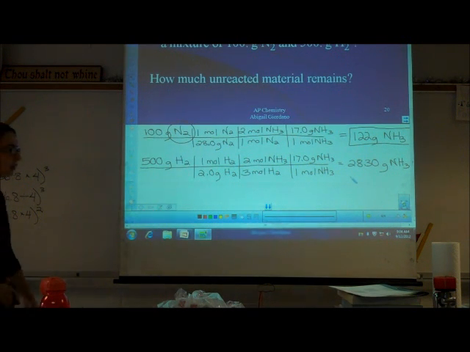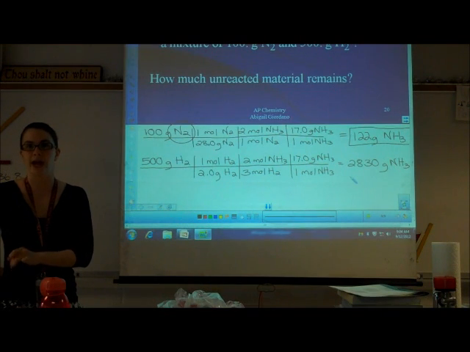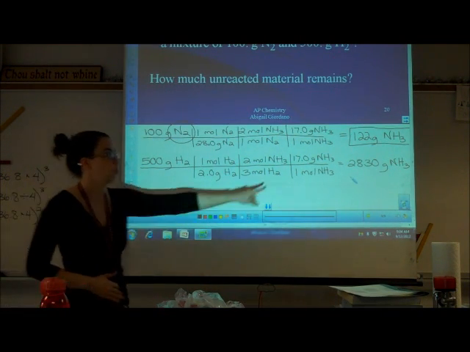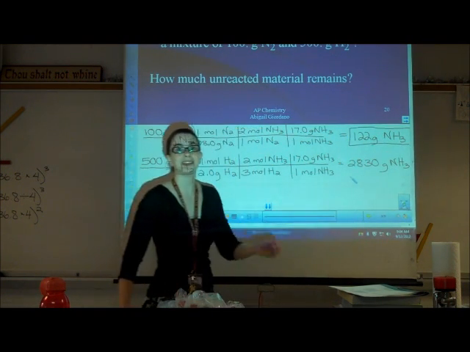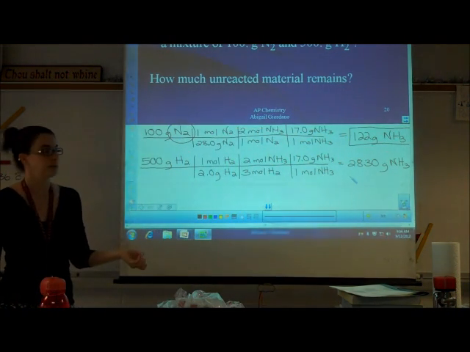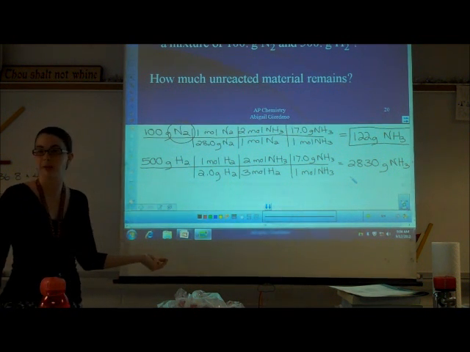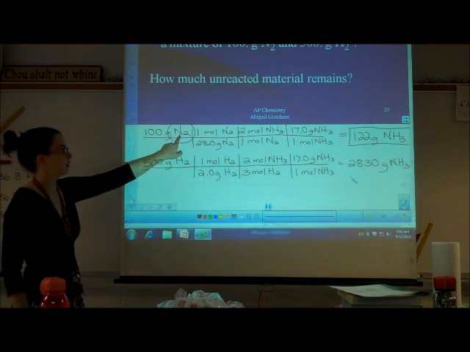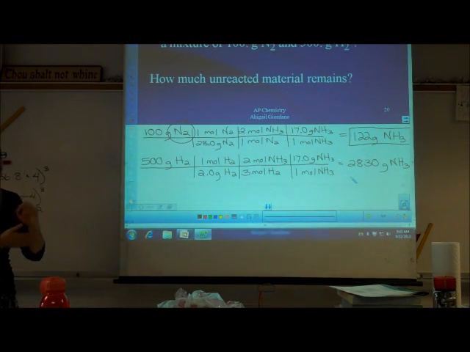However, if the question says which reactant is the limiting reactant, don't put a box around this number. NH3 is not a reactant. If the question just says which reactant is the limiting reactant, N2 is the answer. That question does not have a number answer.